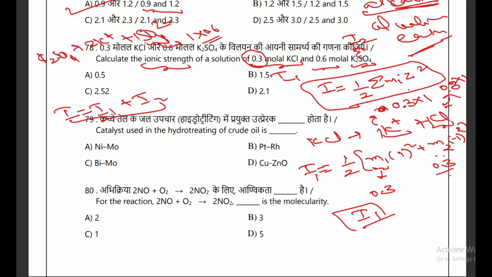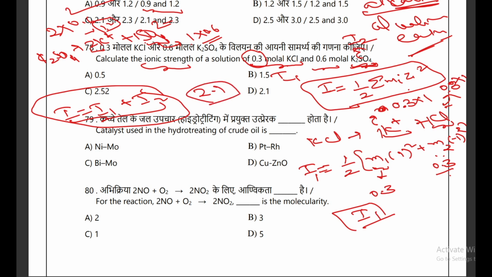To find the M1 value, there are 2 K positive, so you multiply 2 with 0.6, which gives 1.2 for M1. You put the values in the formula and find the ionic strength for potassium sulfate also. Then you add, and your total ionic strength will be 2.1. So out of the 4 options, D is your correct answer for this question.